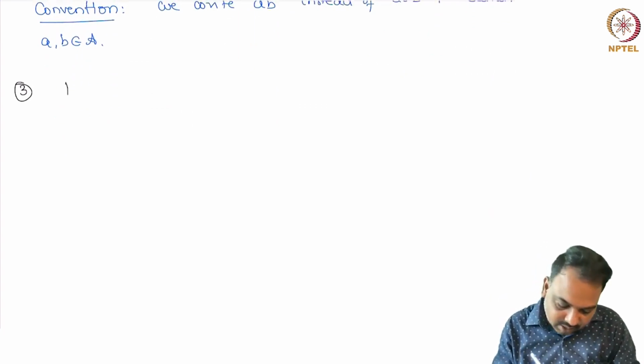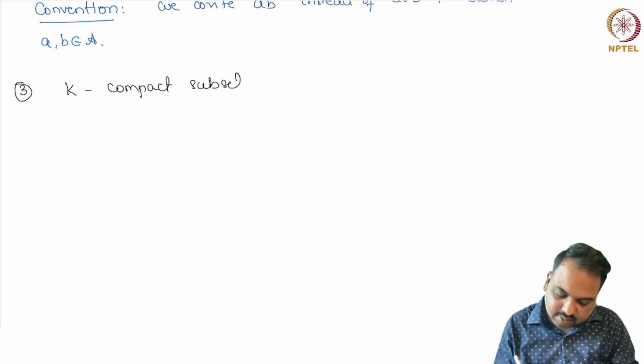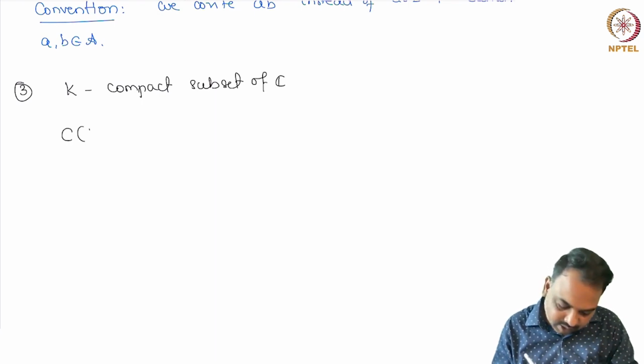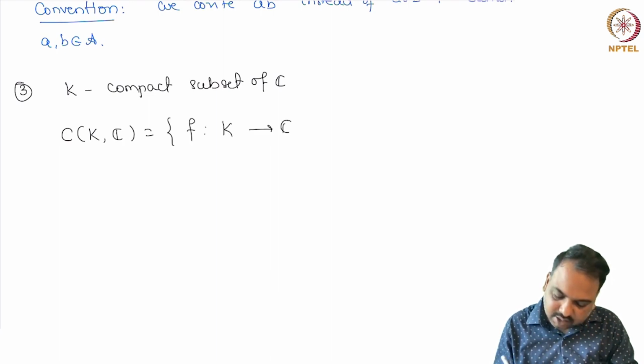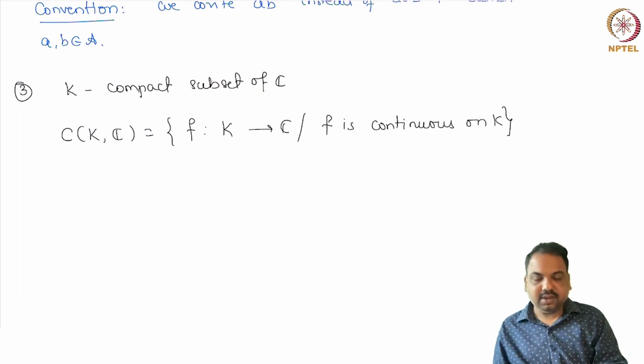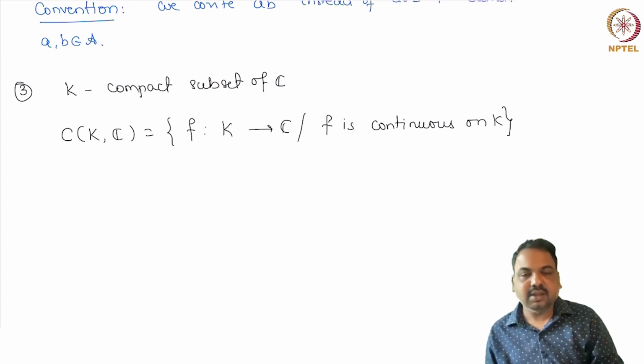Okay, so let us quickly look at one more example. Let K be a compact subset of C. Look at C(K), the set of all functions from K into C which are continuous on K. We know that whenever F is continuous on a compact set, it is bounded.